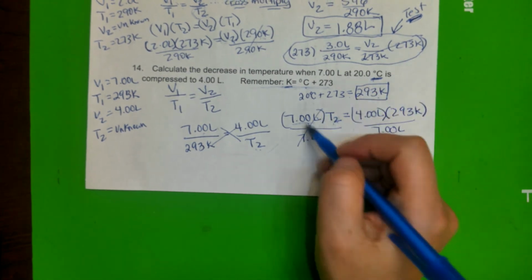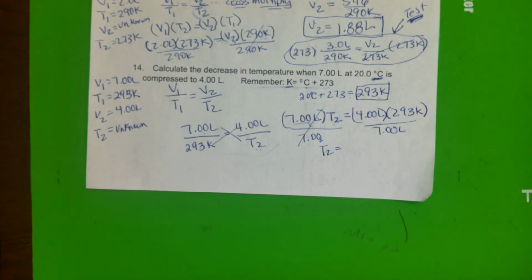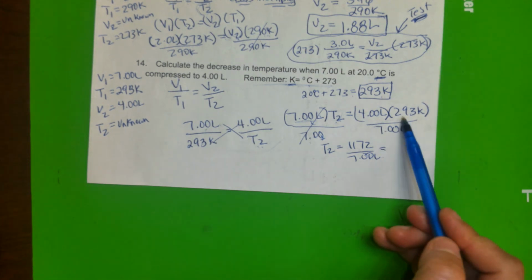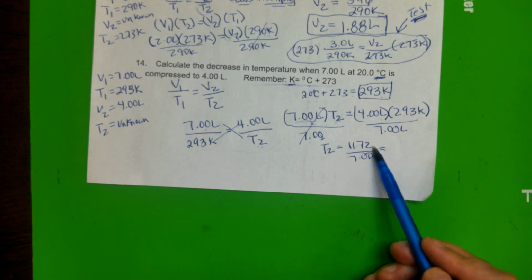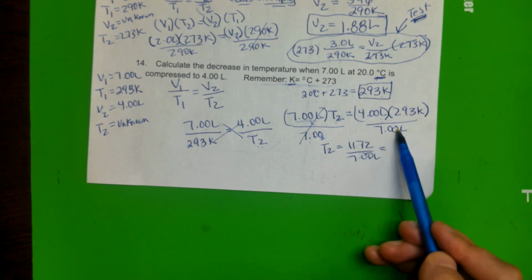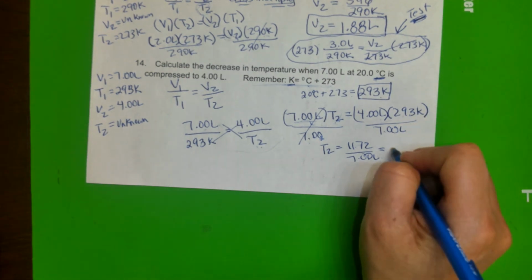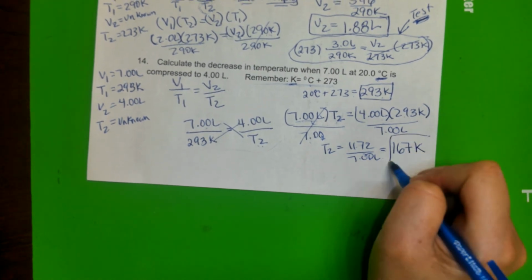So you cancel that because it's just 1, and T2 equals 4.00 times 293. When you multiply those two, you get 1172 liters times Kelvin, divided by 7.00. That should give you 167 Kelvin as a temperature.